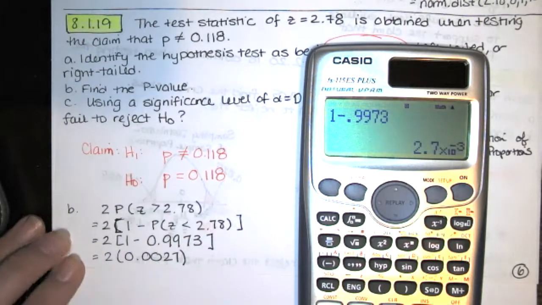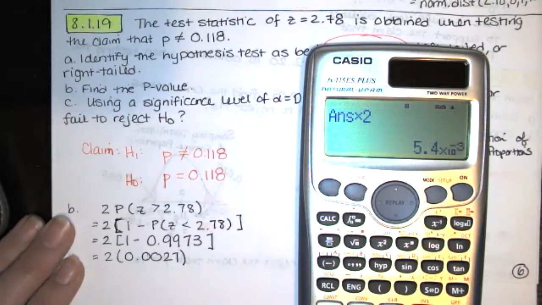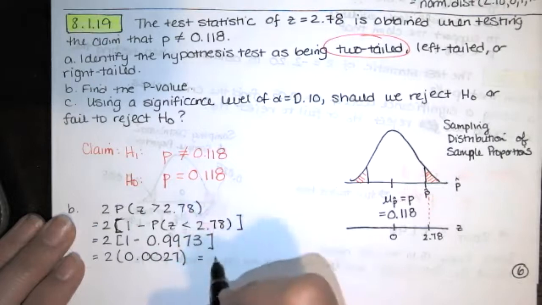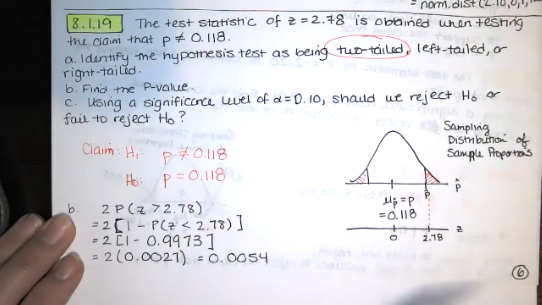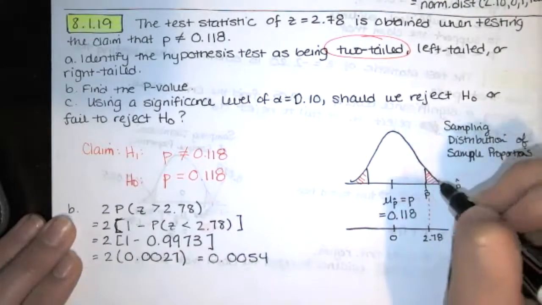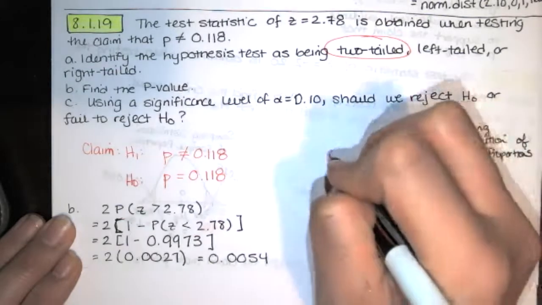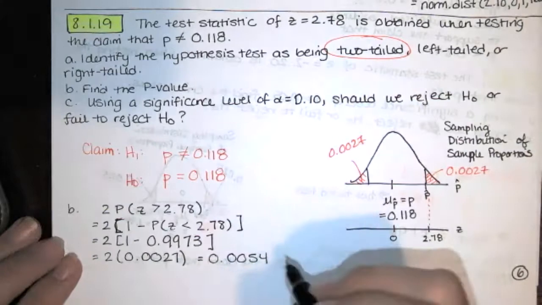Then we take that and multiply by 2, and that's the area in two tails. So it's going to be 5.4 times 10 to the negative 3, which is 0.0054. So this is 0.0027, and this is 0.0027, and when you add them together, you get the p-value.